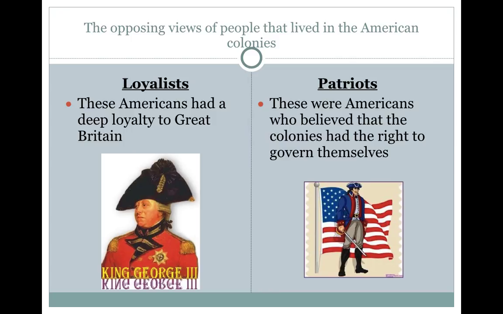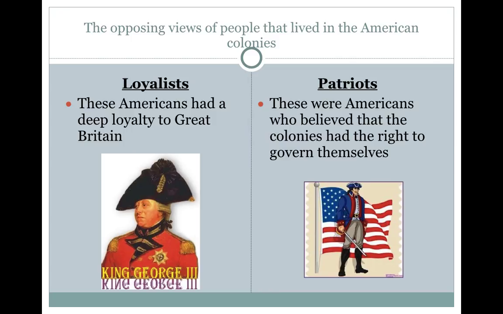These are people that live in the colonies that are loyal to Great Britain. So they're going to agree with the British government. They're going to agree with what King George is doing in the colonies. Now remember, there was only about 15 or 20% of people living in the American colonies that were considered loyalists. And these people had great deep loyalty to Great Britain.